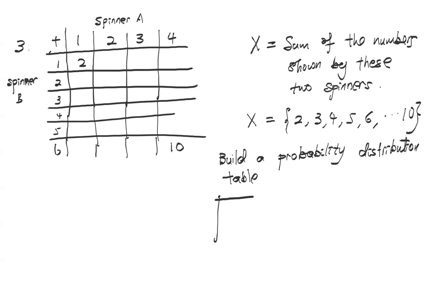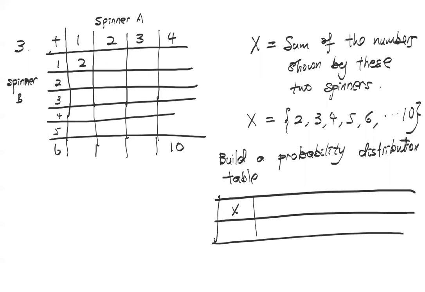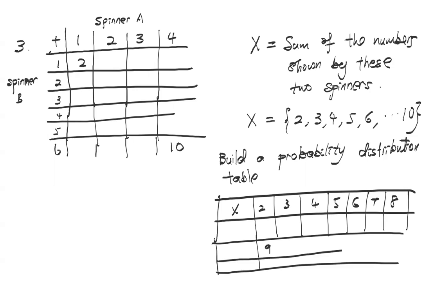So I write down my variable X. I have 2, 3, 4, 5, 6, 7, 8. Oh, I don't have enough. 9. Can I just put it down here? And the last one, 10. Right?